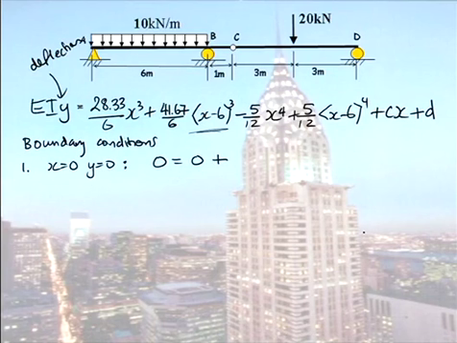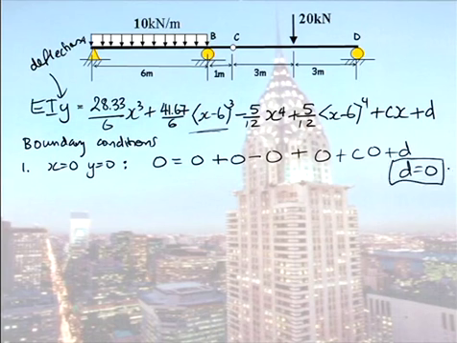You always apply the singularity rule. That bracketed term is now negative. So that becomes 0 minus 0 plus, again, x, 0 minus 6 is a negative number, 0 plus, that's c times 0 plus d. So thus, our constant of integration, d, is equal to 0.